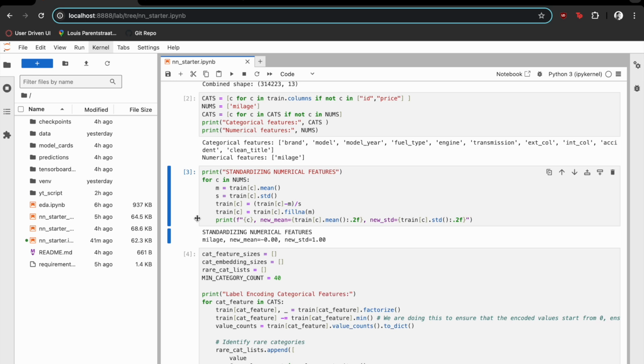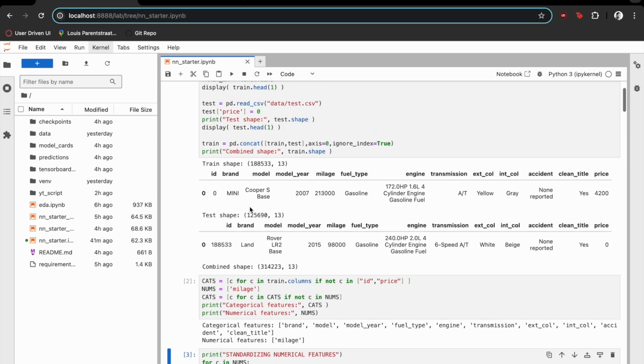Standardization is particularly beneficial because it ensures that all features contribute equally to the model's learning process, preventing features with larger scales from dominating the training. For example, just like mileage, if we have age of the car as one of the features, it is not there in this data set, but let us assume it is there in some other data set.